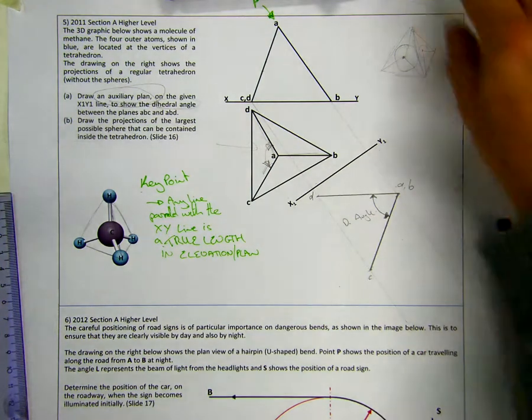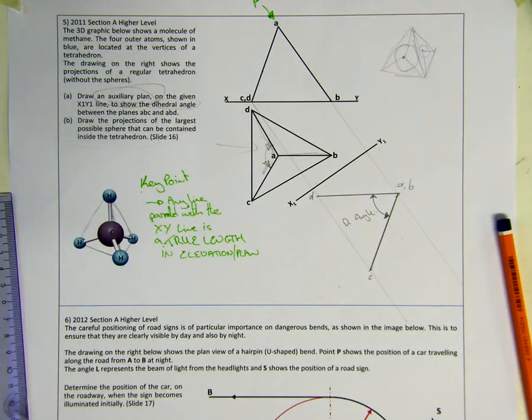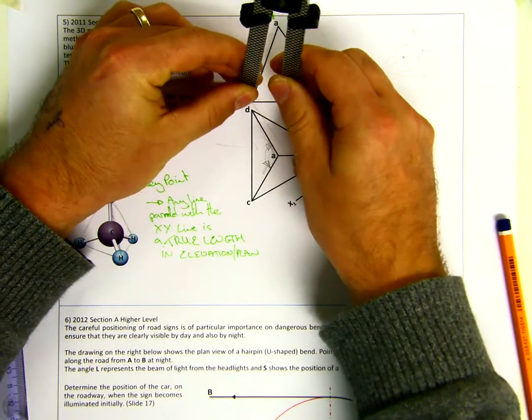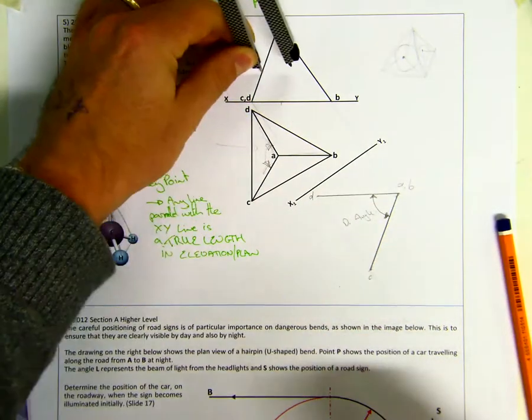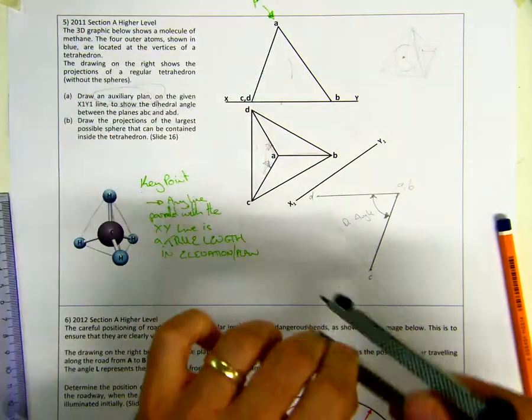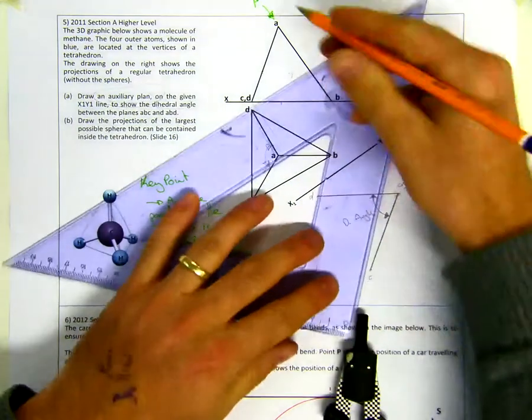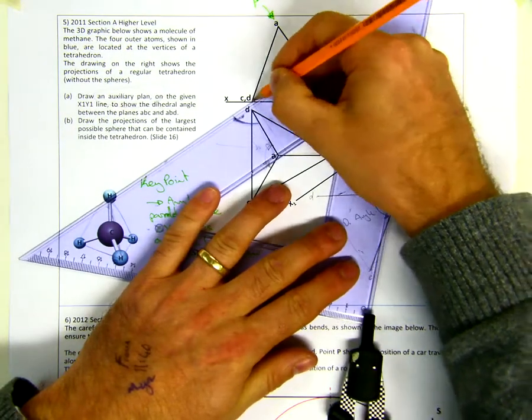So the first thing we need to do is bisect the angle here in this corner, CD. So we bisect the angle.